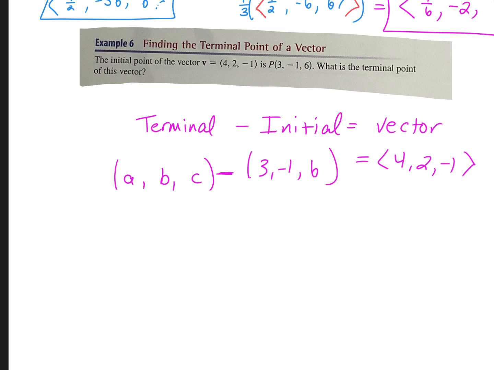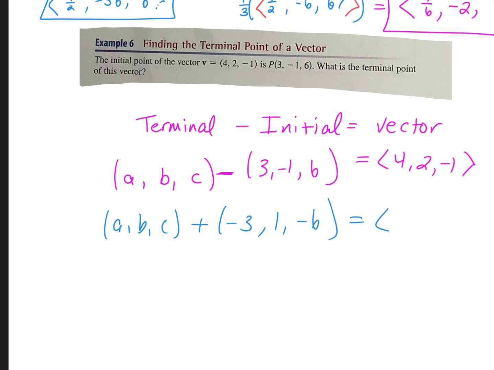Would you like to subtract, or in this case add 3, 4, and then add 1? Okay, so could we do this? Can I do that? Mathematically, am I allowed to do that? Okay.